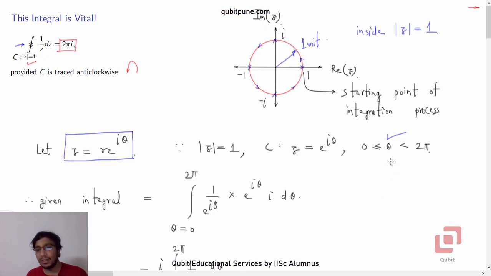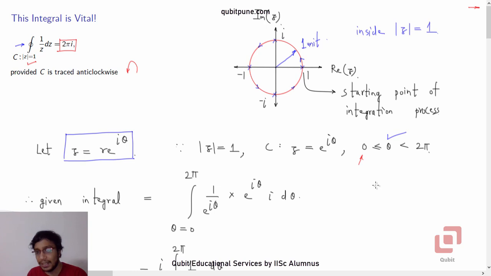So what is the lower limit on theta? The coordinates of this point are 1, 0, so obviously theta will be 0 there. Now observe that as we traverse the circle in the anti-clockwise direction, the value of theta increases. You may not think of theta as the angle, but you may think of theta as the parameter.